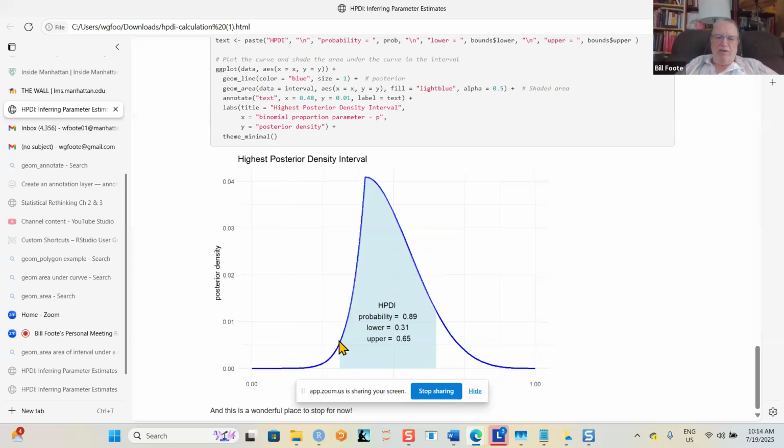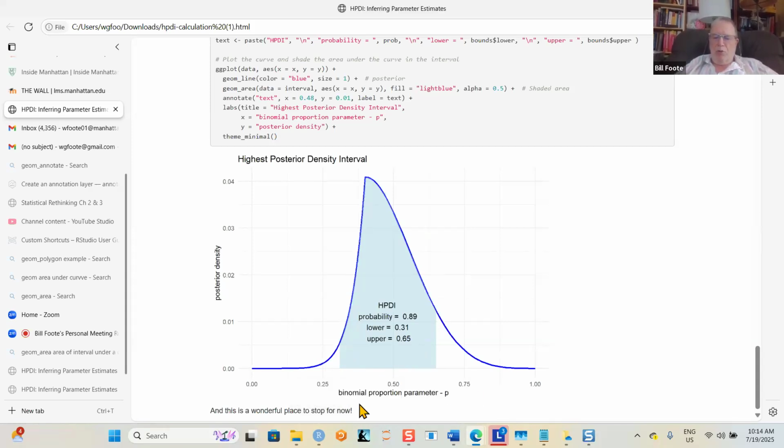The HPDI takes the posterior curve and asks the question, based on the posterior curve, what is in this case the 89% range of probable values.